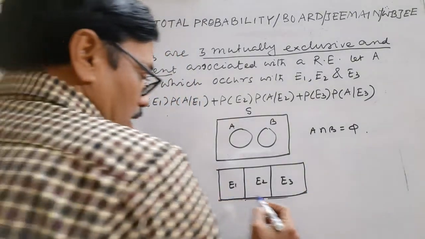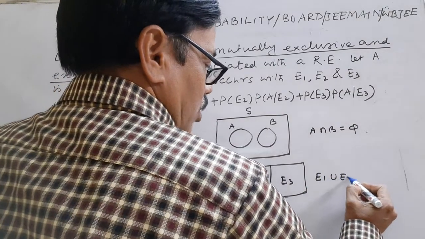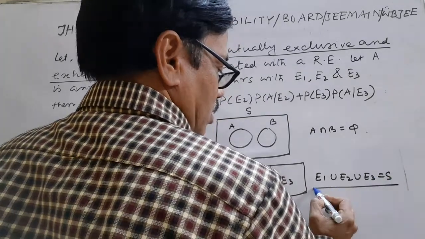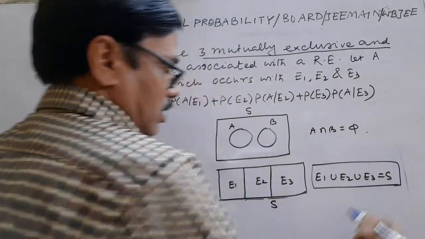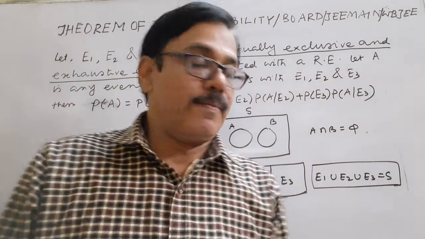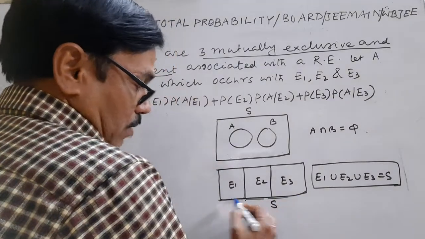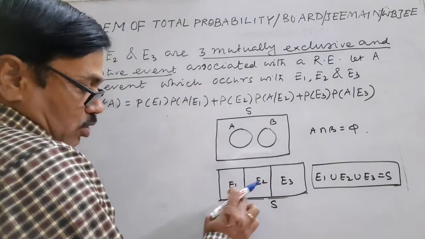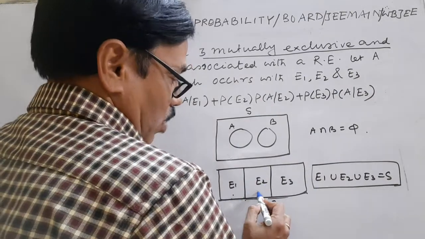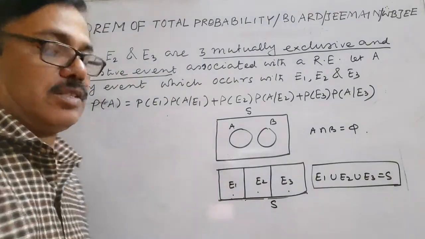Here E1 union E2 union E3 equals S, the sample space, the universal set. In this case, the events are said to be exclusive and exhaustive. There is no common part, and E1 union E2 union E3 equals S.